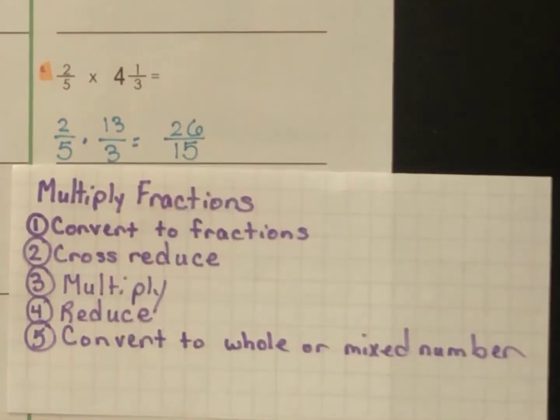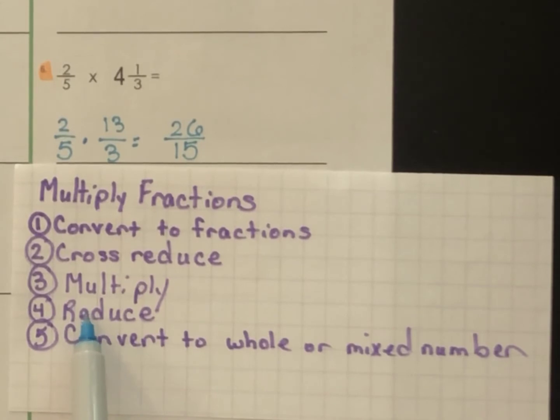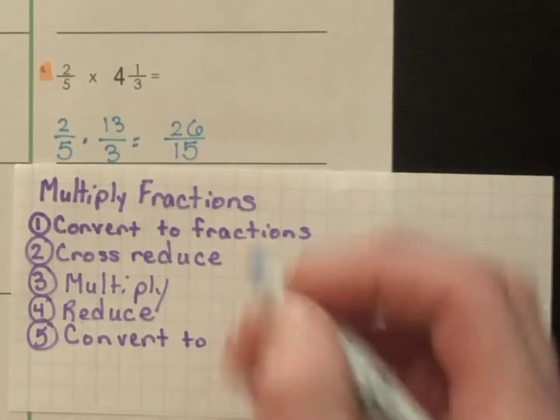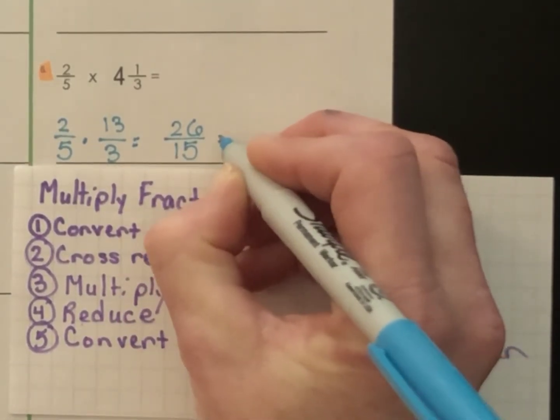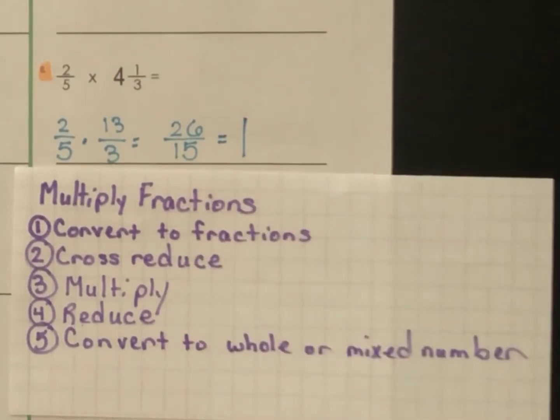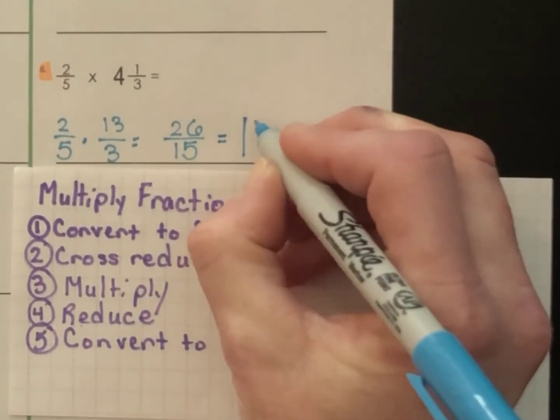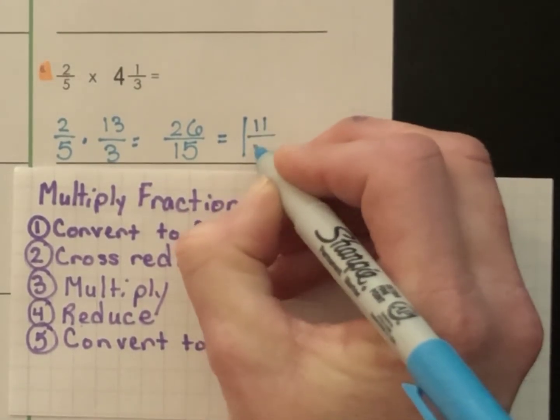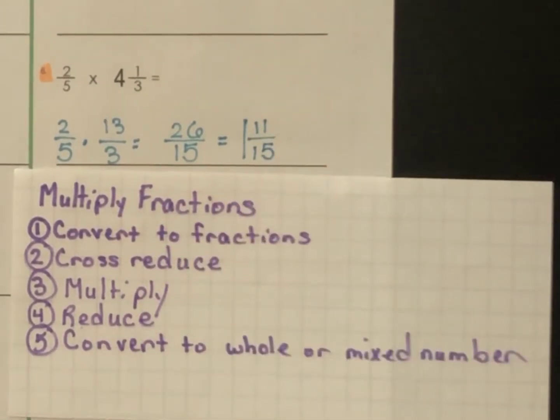Okay, I did not do this on purpose. Just like that one, we cannot reduce. But also just like that one, we can convert it to a mixed number because it's an improper fraction. So 26 divided by 15 is 1 with 11 15ths left over. Like that.